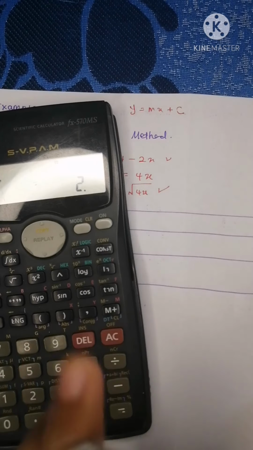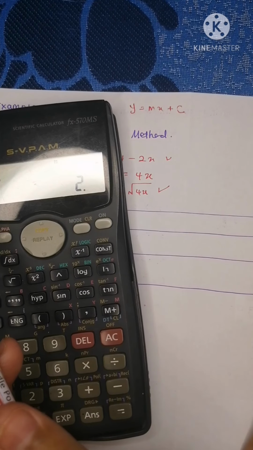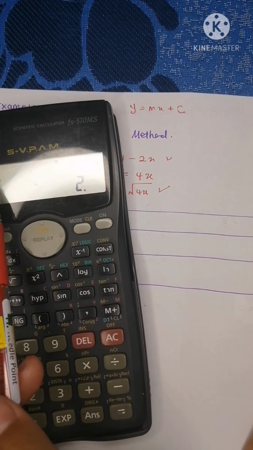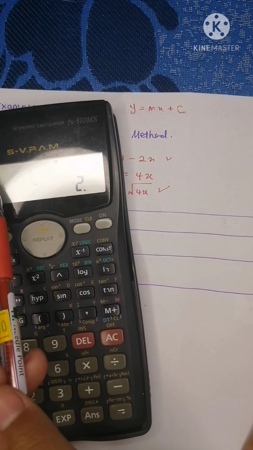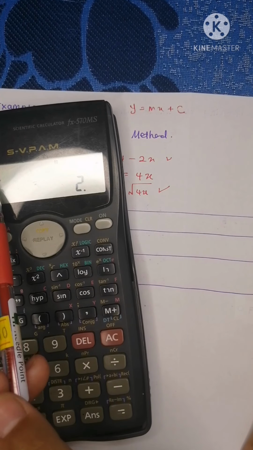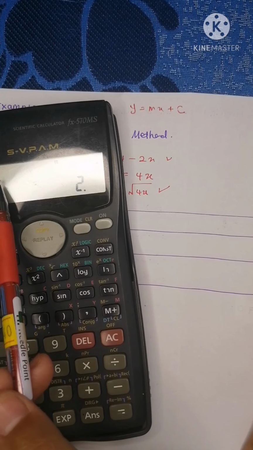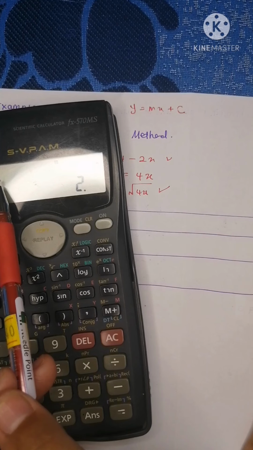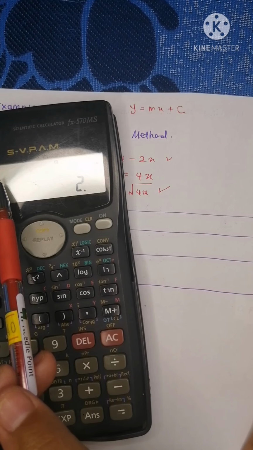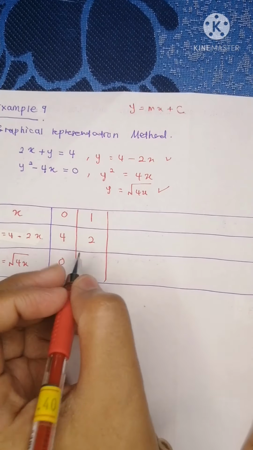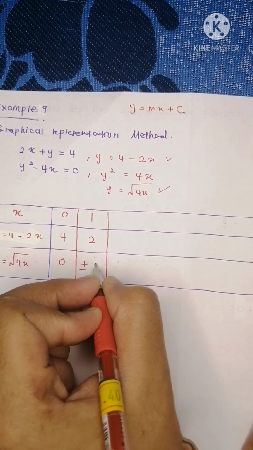Before that, remember, if you solve the square root and inside the square root there is a whole number, you need to write it in the form of plus minus 2.